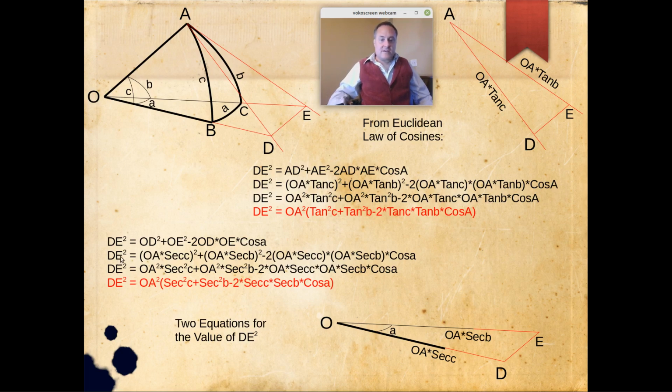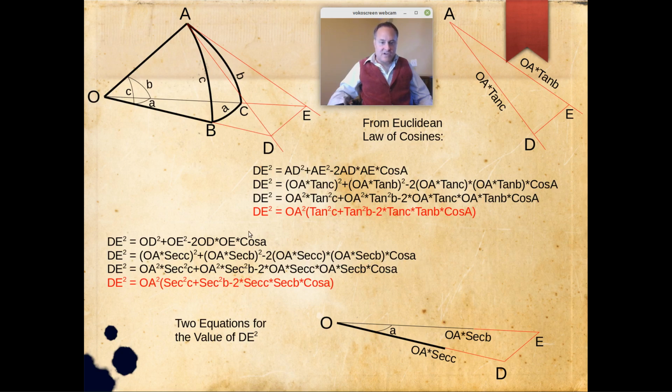So substituting using these values here, that OD, the length of that side, is OA secant C, and OE is OA secant B, I then replace these values with their corresponding actual lengths. So OA secant C squared plus OA secant B squared minus twice OA secant C times OA secant B times the cosine of A.